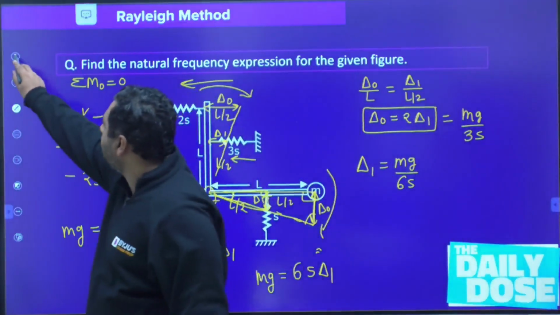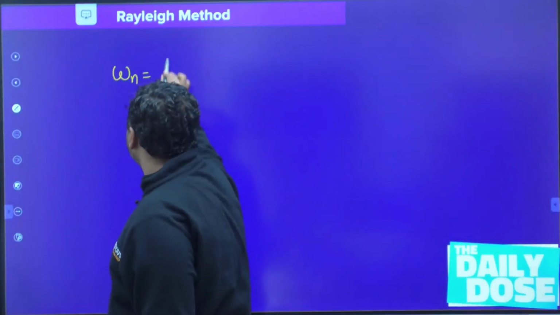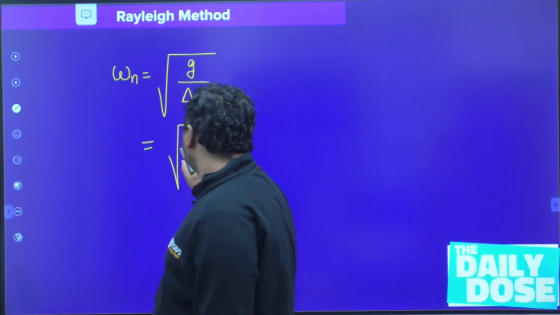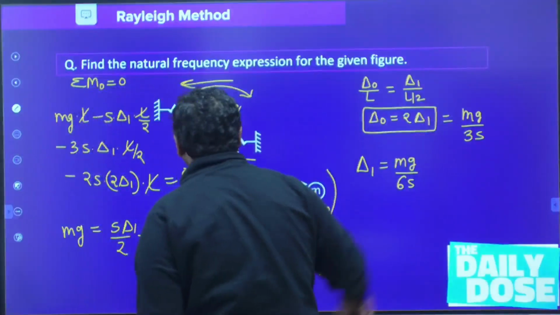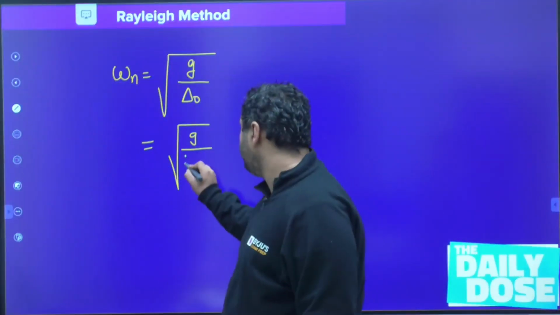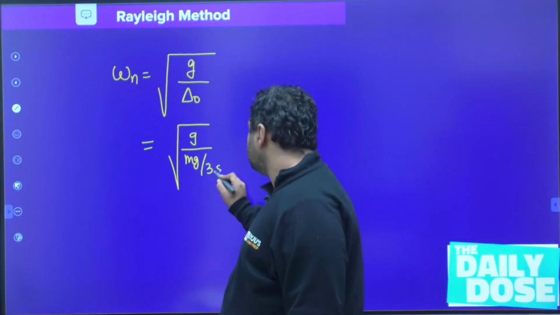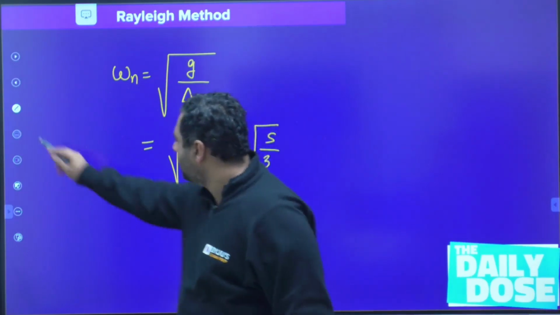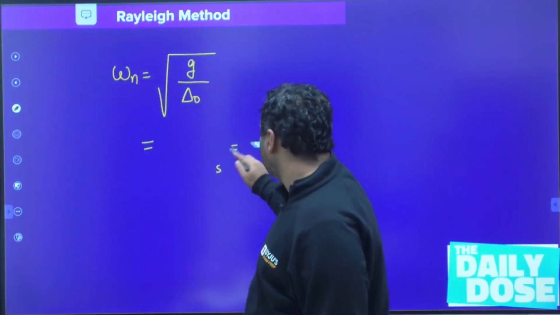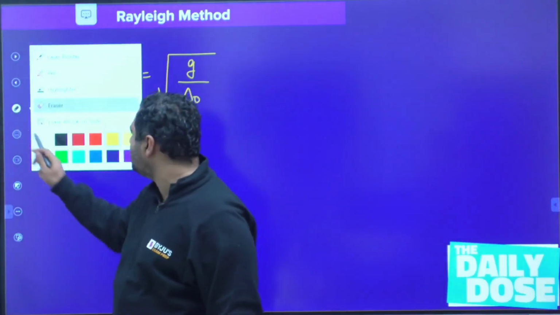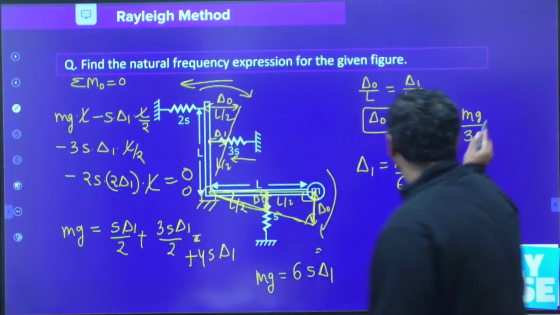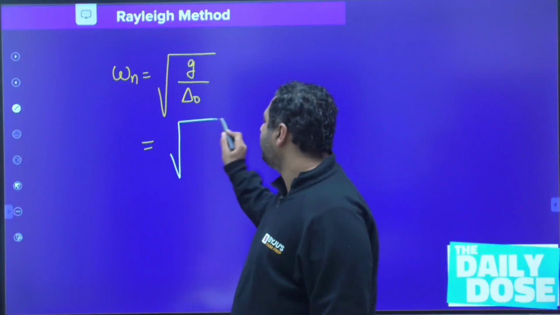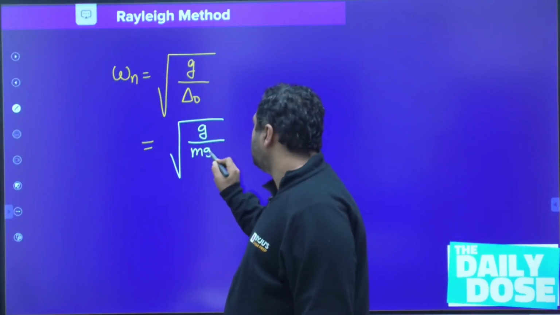Now you know, my dear, that the natural frequency of vibration is square root of g by delta naught. Putting the value of delta naught as mg by 3S, the answer will be square root of 3S by M.